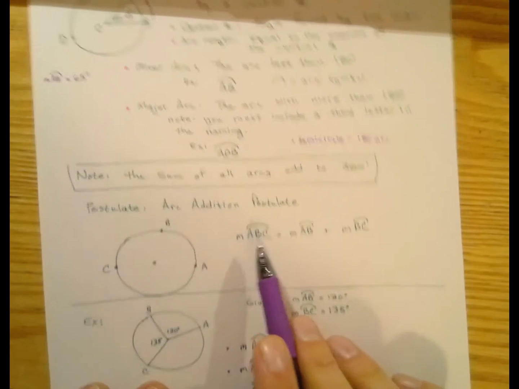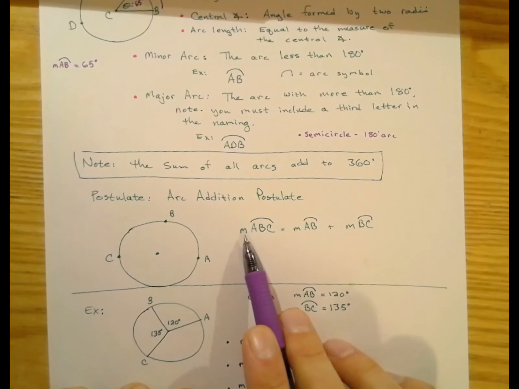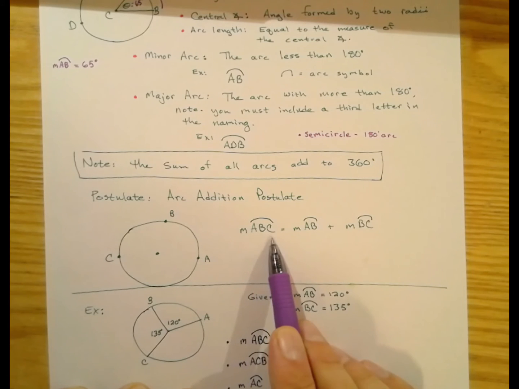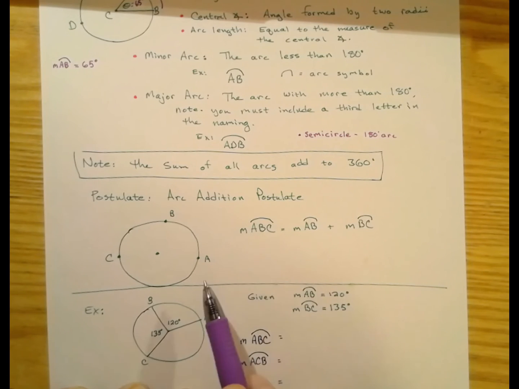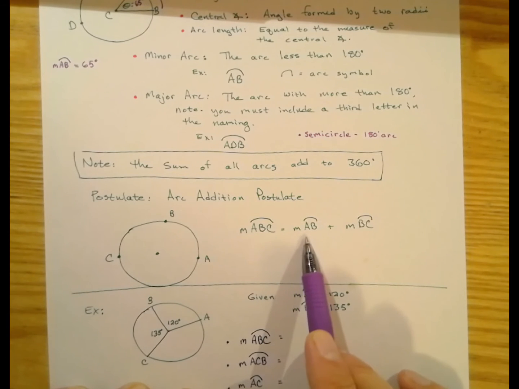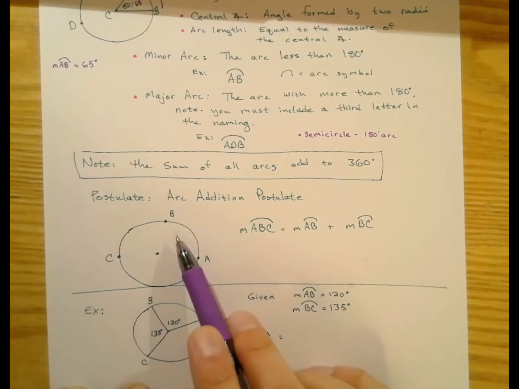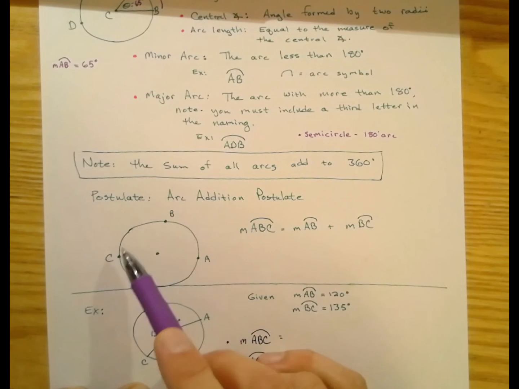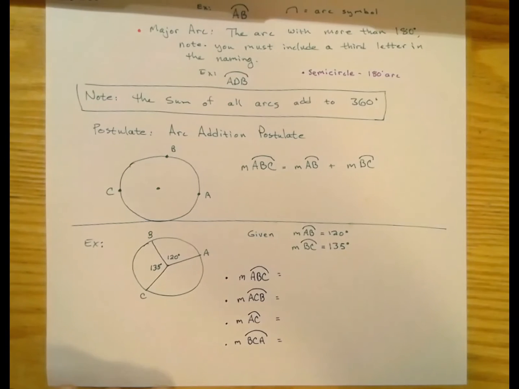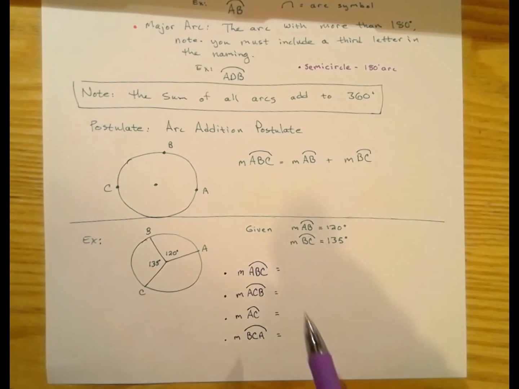We have the exact same thing here for arcs. The measure of arc ABC, which starts at A and goes to C through point B, is exactly equal to the measure of arc AB plus the measure of arc BC. All right, so that's the vocab and the property that we're going to need for the practice problems from 10.2.